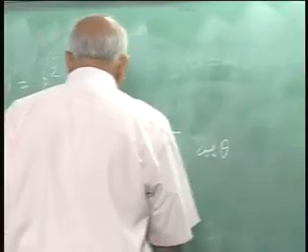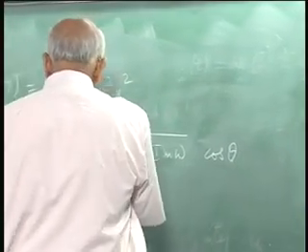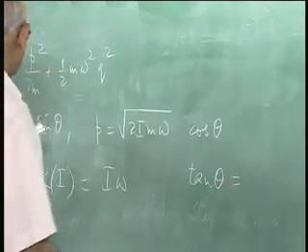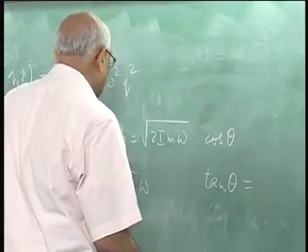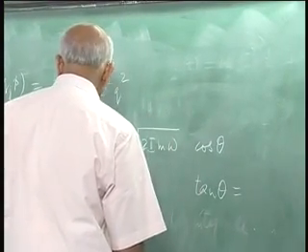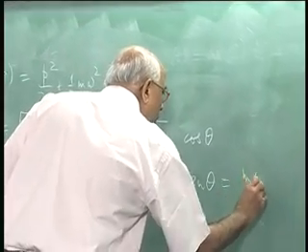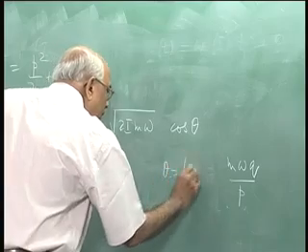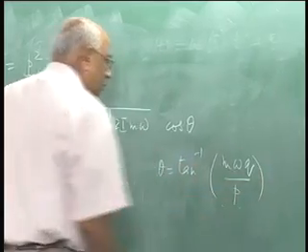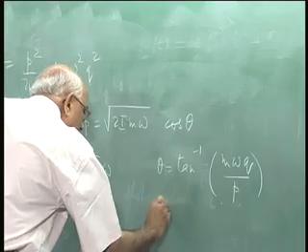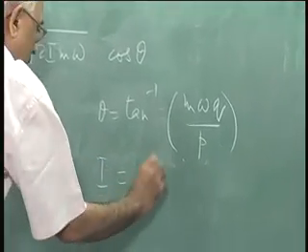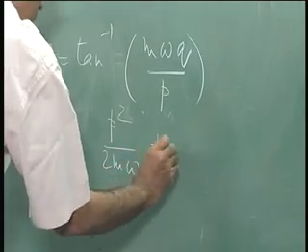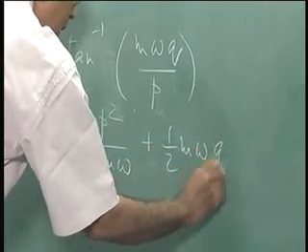Of course you can invert this whole business, so I is equal to this divided by omega, and you can also see that tan theta, if I divide one by the other, then there is a 1 over m omega, so this is equal to m omega q over p, or theta equals tan inverse of that, and I equal to p squared over 2 m omega plus 1/2 m omega q squared.